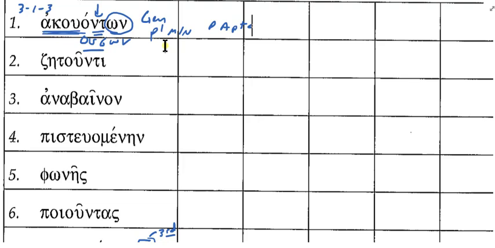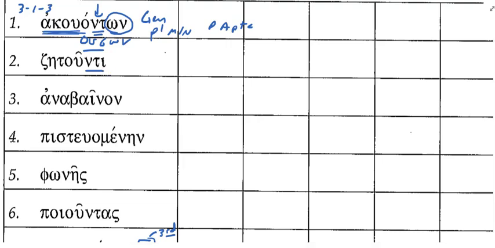I have zeteonti. Do you see anything identifiable here, say, on the back end of this? Whether it's a case ending or a participle morpheme or anything like that. Yeah, you see the nu tau. That should be making you think participle, right? Is this an active or middle passive kind of participle? It's active.